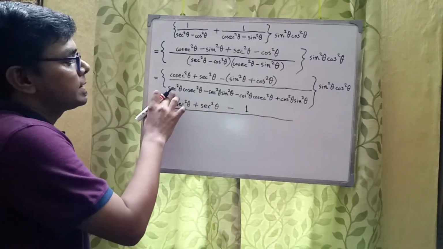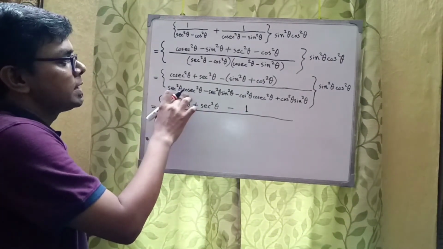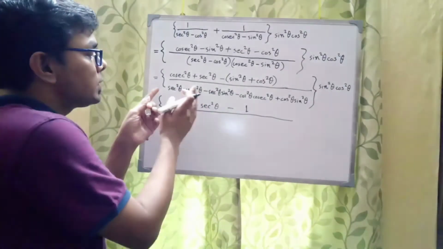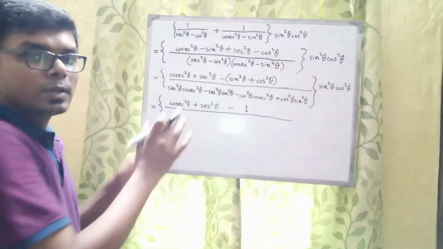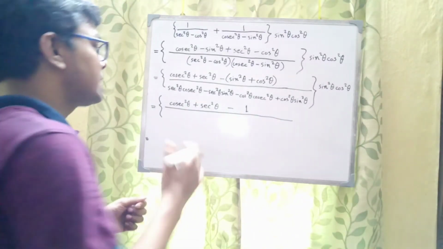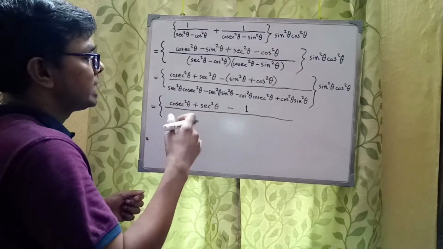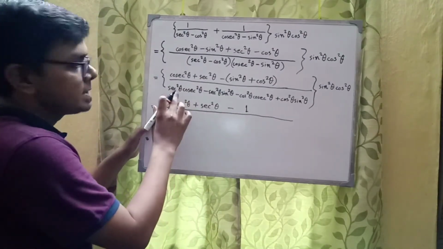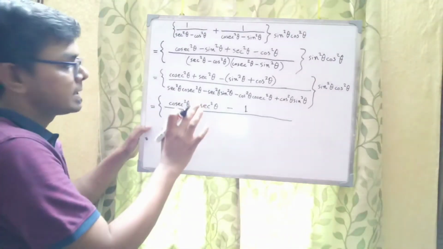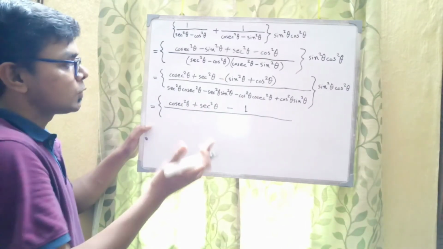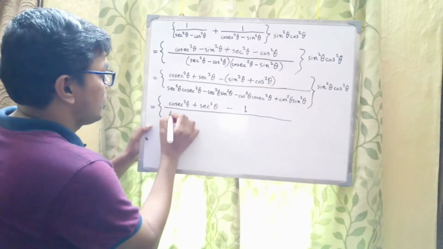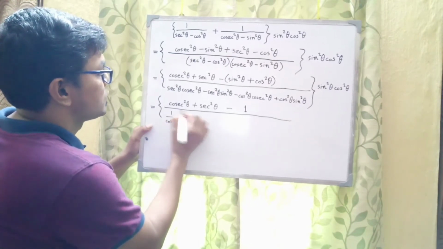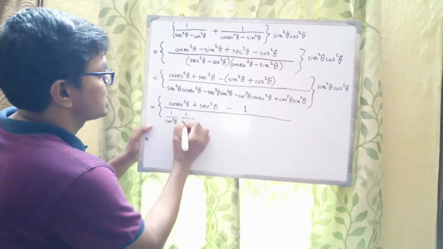Now sec is actually 1 by cos and cosec is actually 1 by sine. If we keep these things like this, we will have no solution. So let's convert everything to sine and cos, and that will be beneficial to us. So 1 by cos² θ into 1 by sin² θ.